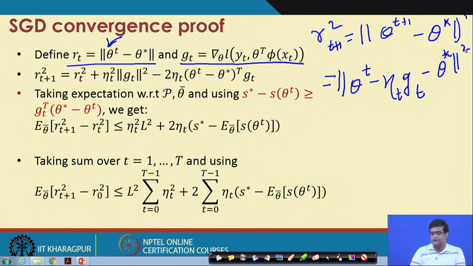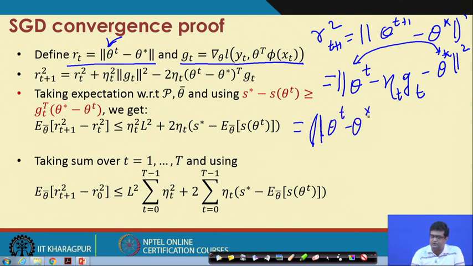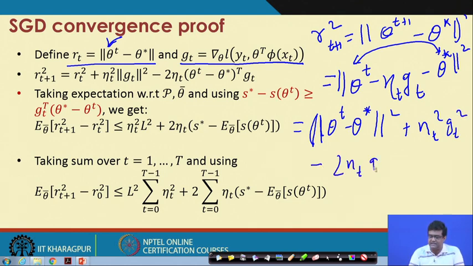Now, we want to club these two terms together. If we club these two terms together, you see that it becomes R t. So, let me write it out. We have this equals the whole square plus eta t square G t square minus twice eta t G t transpose times theta t minus theta star.